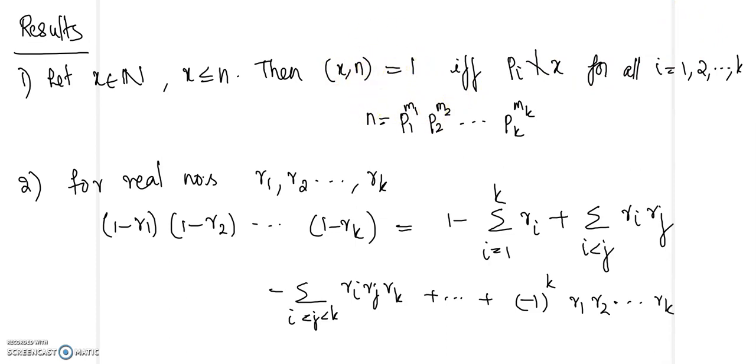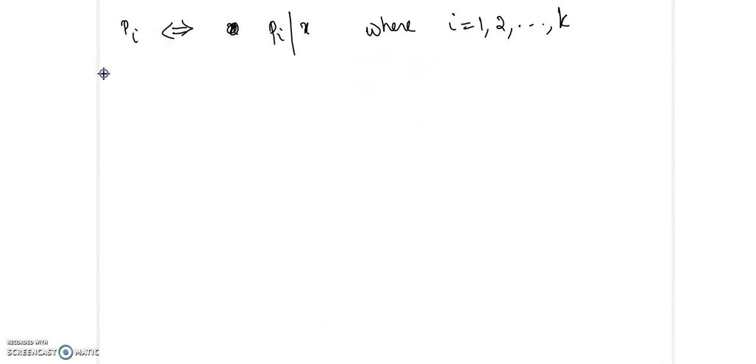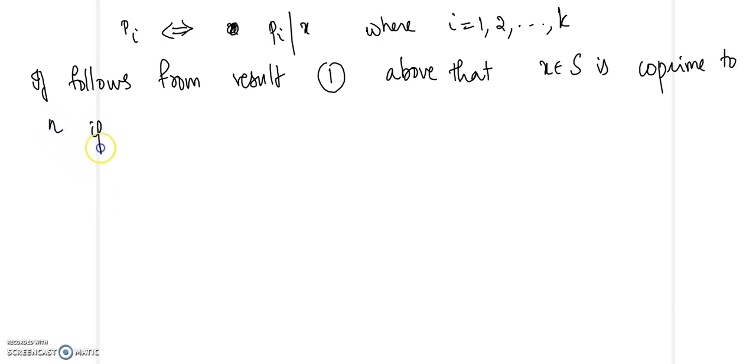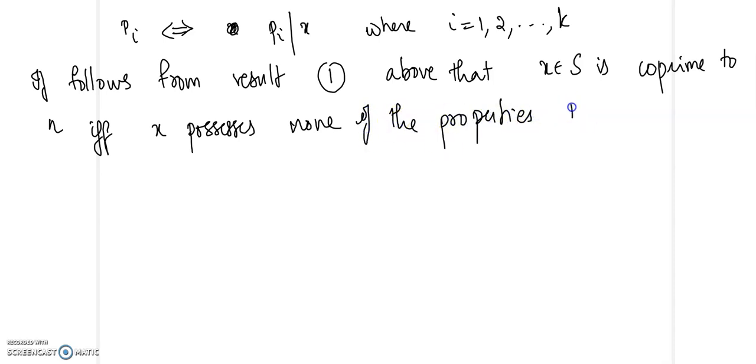So it follows from result 1 that x belonging to S is coprime to n if and only if x possesses none of the properties P1, P2, etc. Pk.